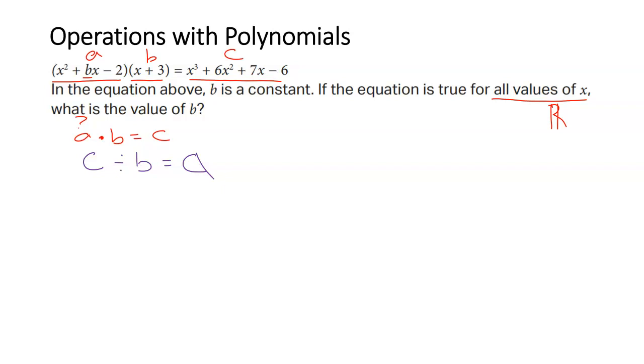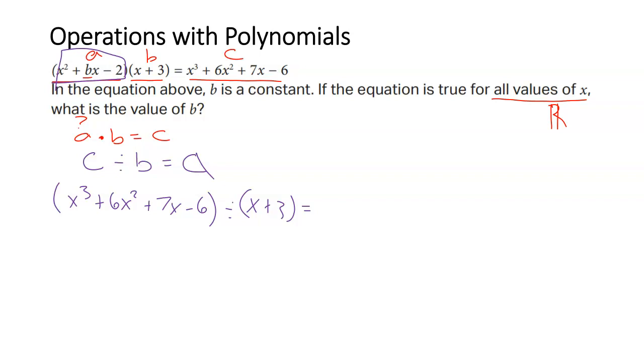We should be able to work backwards and get the same result. That's like isolating a. Divide both sides by b. So c divided by b has to equal a, which means that x cubed plus 6x squared plus 7x minus 6 divided by x plus 3 will have to equal that polynomial.